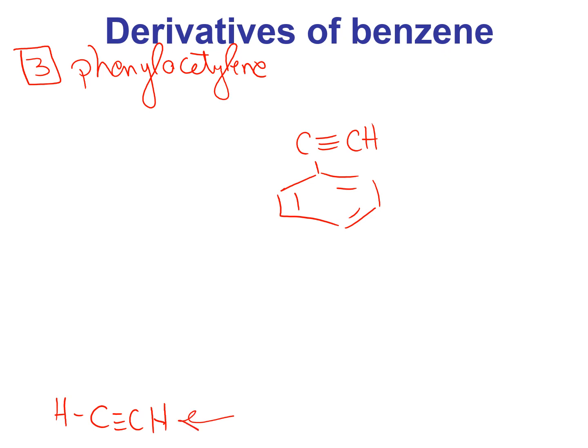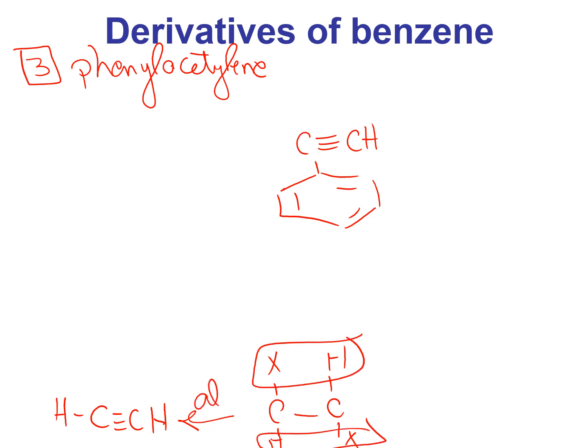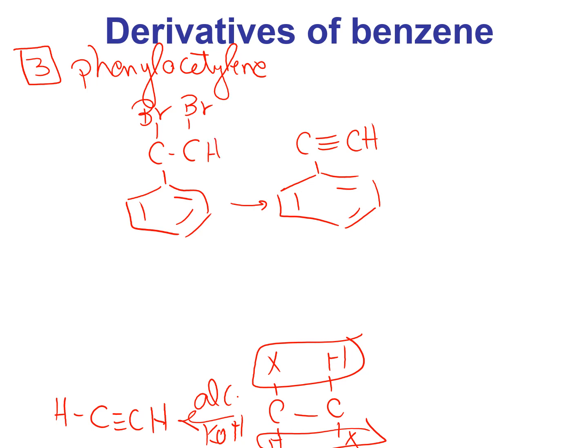What we did is that we placed two halogens and two hydrogens, and we eliminated both by alcoholic potassium hydroxide or by sodamide. Let's apply the same. What you need here is to have the two carbons both carrying halogens. And then you add alcoholic potassium hydroxide or sodamide to eliminate two molecules of the hydrogen halide.